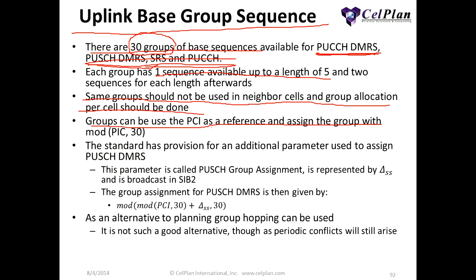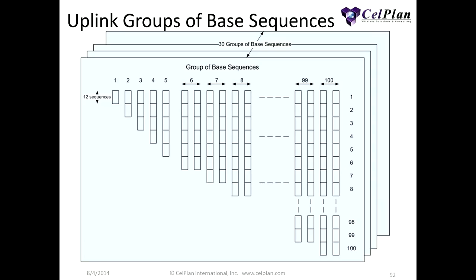The PCI can be used to define the groups, and we generally use PCI mod 30 to do this distribution. But there are also additional parameters used to assign this, and we will discuss this in much more detail when we go to each one of these channels.